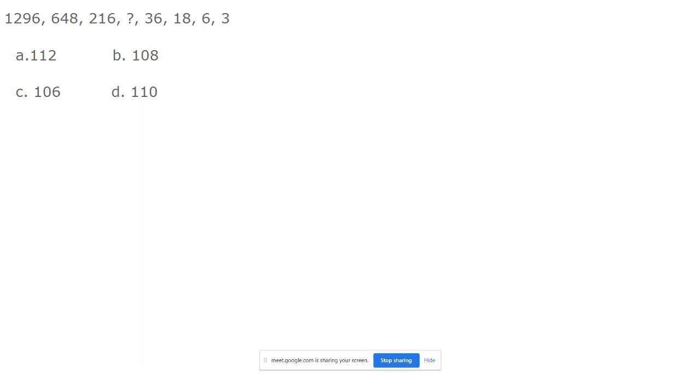ओके, see this question. Now it is something different, but I think easy to identify. Okay, the answer is nothing but 108.